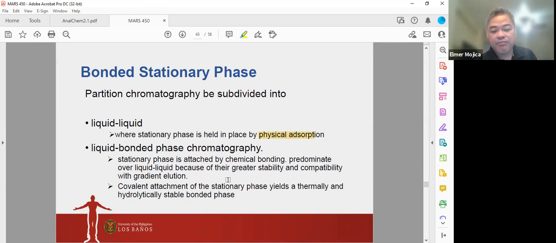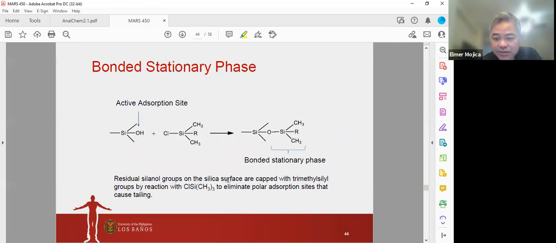If you look at this bonded phase stationary material, what happens here is the silanols that are usually exposed, you cap them with chloromethylsilane.